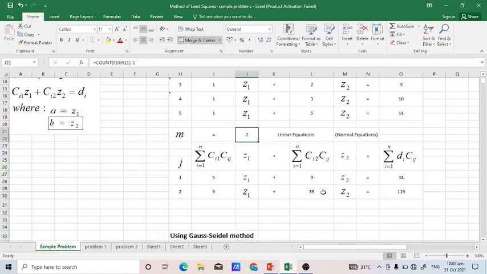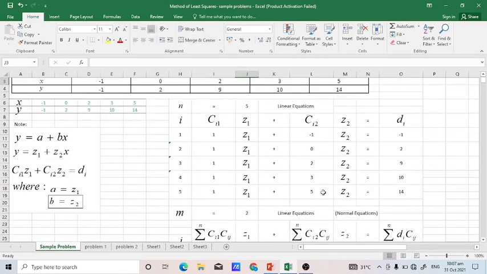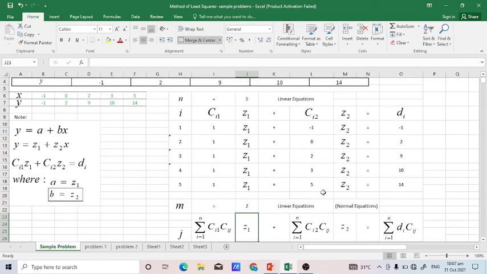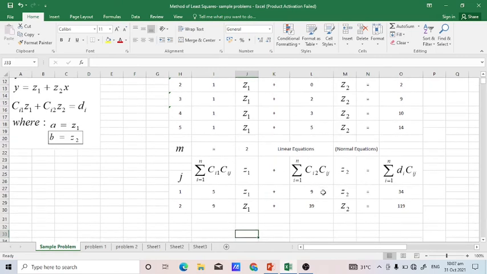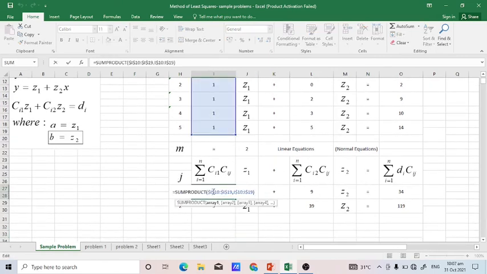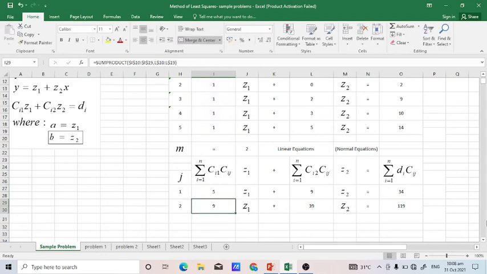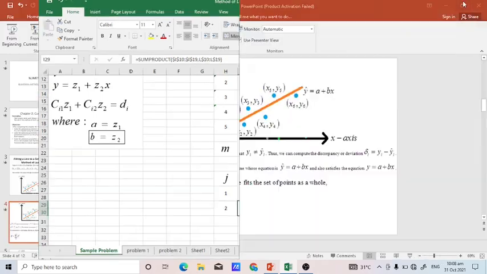So, M is 2, then J. So, ito naman yung gumamit ako dito sum product, no? M equals to 2, no? In short, tignan nga natin yung sa Excel.